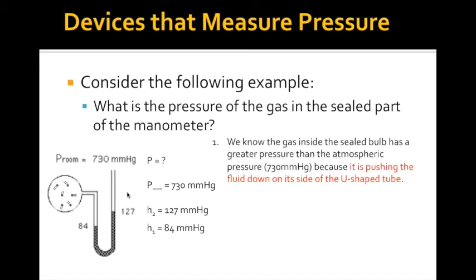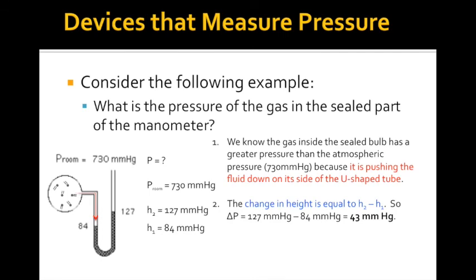Well, it should be pretty evident that the pressure in the bulb is greater than the pressure in the atmosphere surrounding it, because the liquid mercury has been pushed down the tube away from the bulb. So the liquid mercury has been taken out of balance by this increased pressure in the bulb. These particles are literally pushing down on that mercury and pushing it away from the bulb.